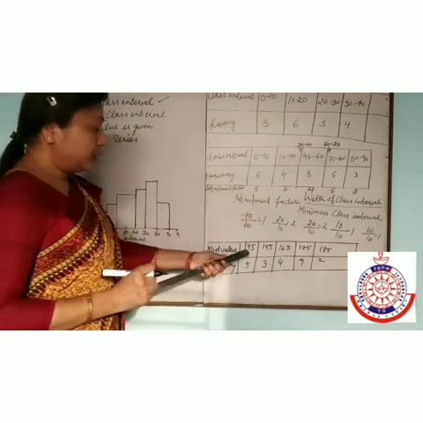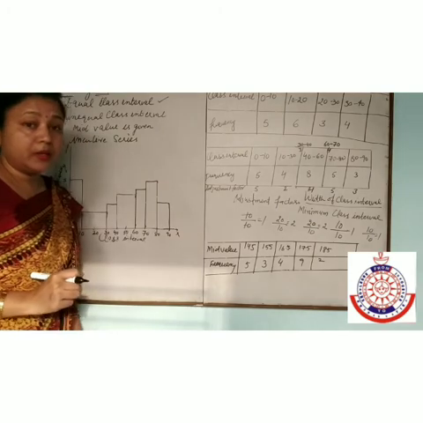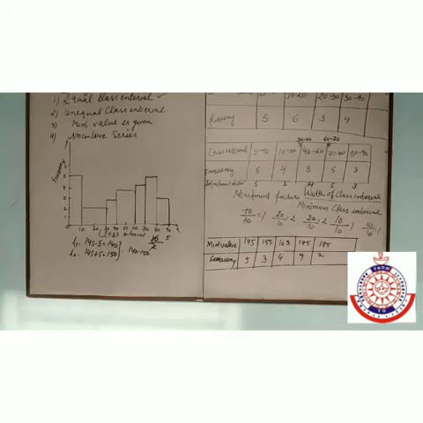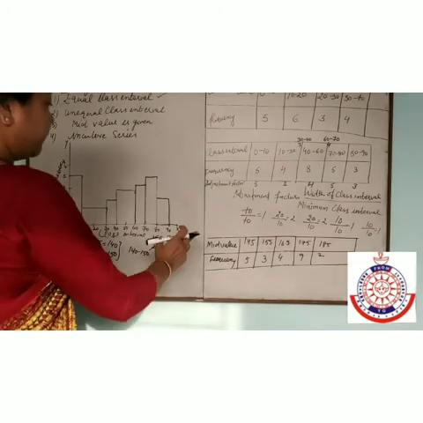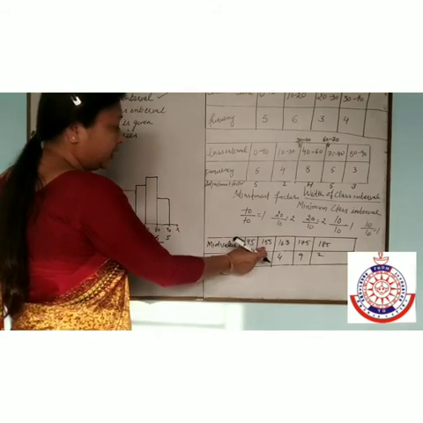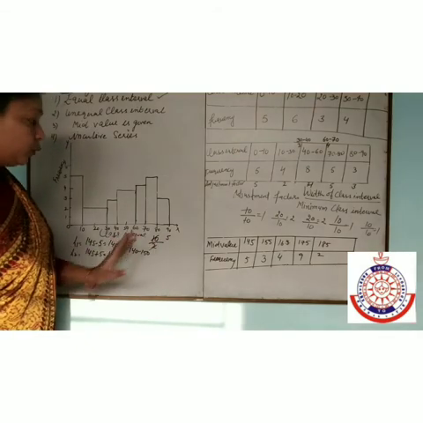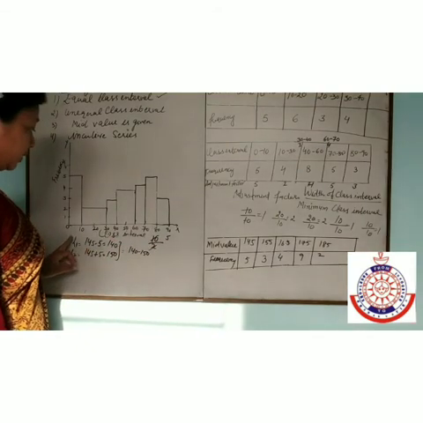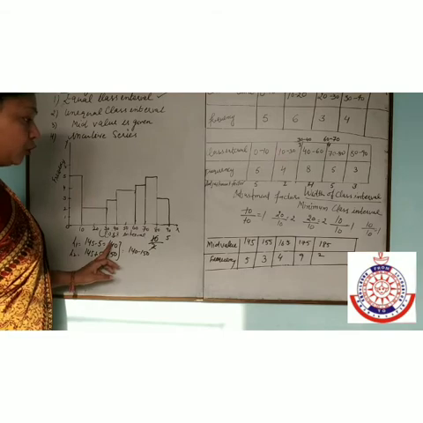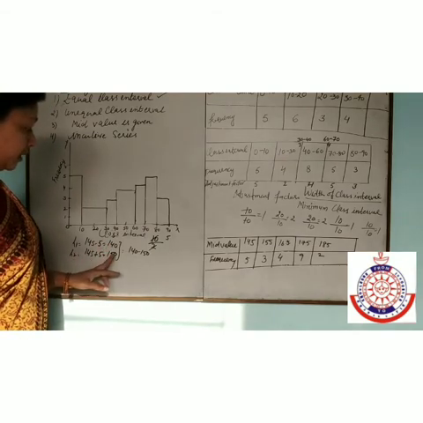Here the mid value is 145. Now how we can convert it into class intervals? For a mid value, see the gap between two mid values. Here the gap is 10, then 10 by 2, that is equal to 5. For the lower limit, 5 is deducted from the mid value, and for the upper limit 5 is added.